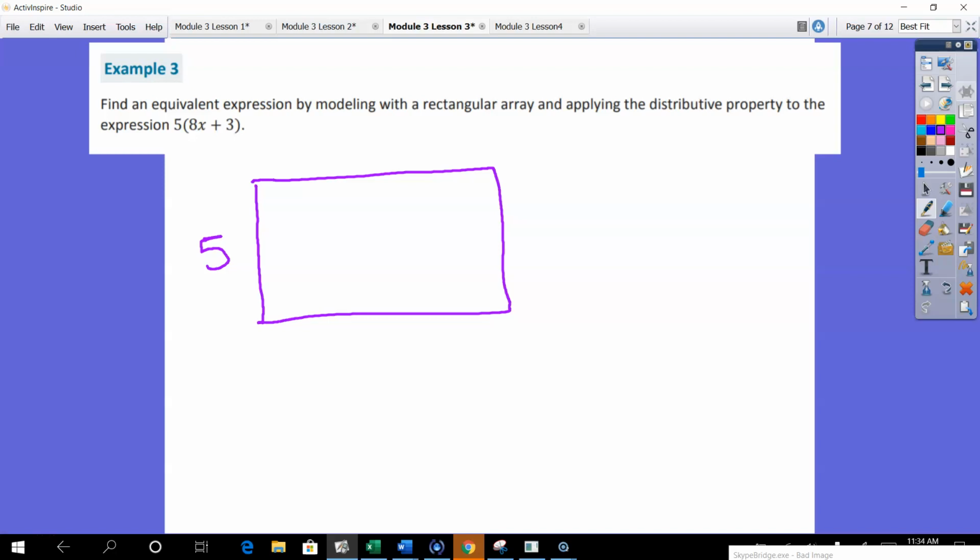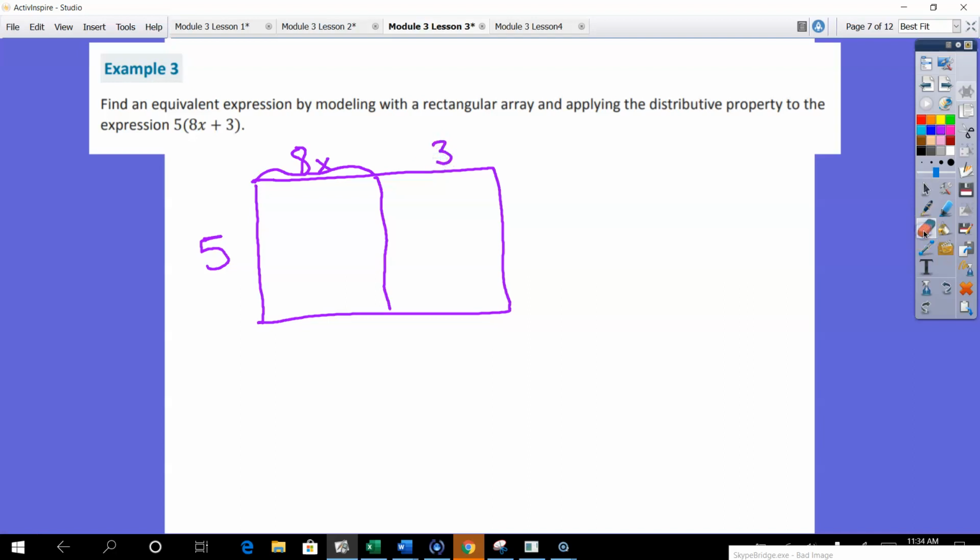And we're not going to be putting the lines in between anymore. Then we're multiplying that times, and we can put it at the top or the bottom, 8x. So this is representing 8x, which we don't know how much that is. And then this is representing 3.